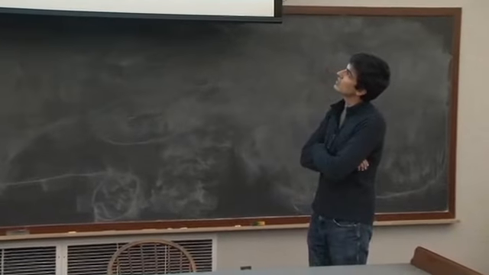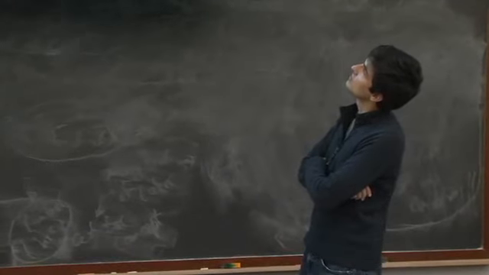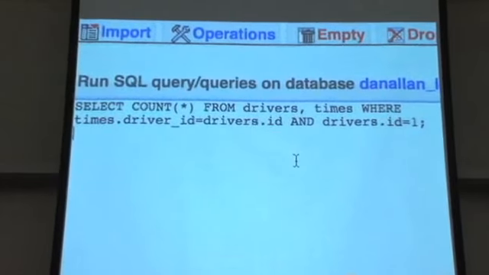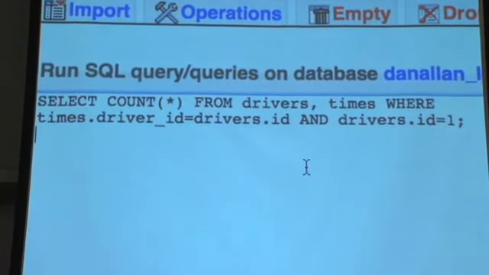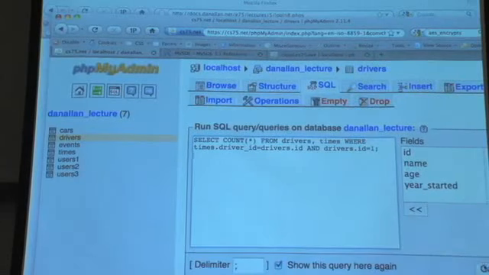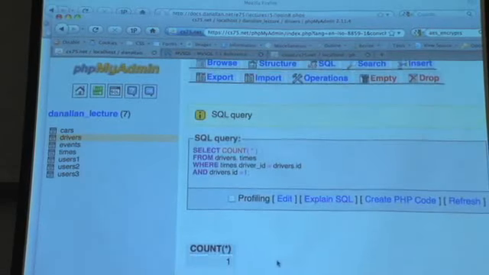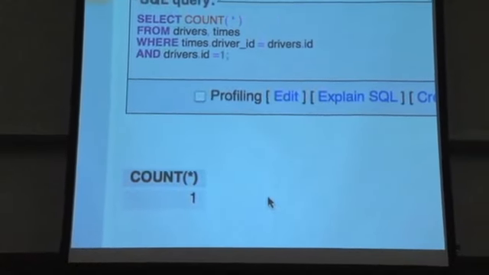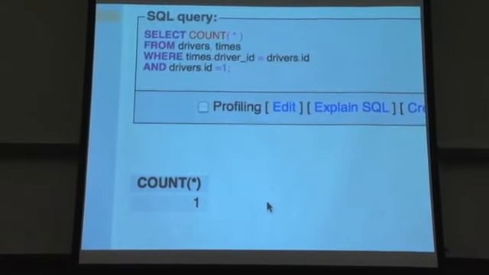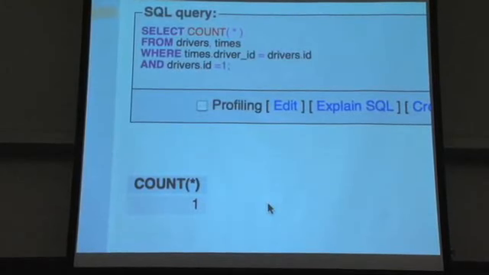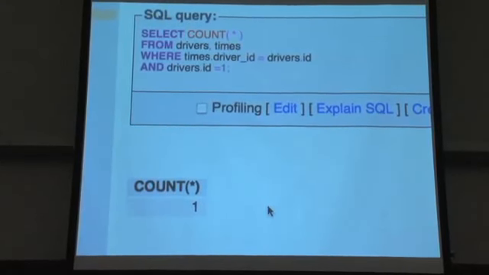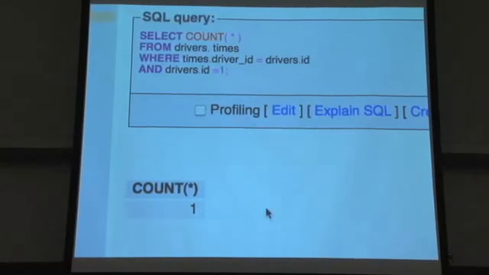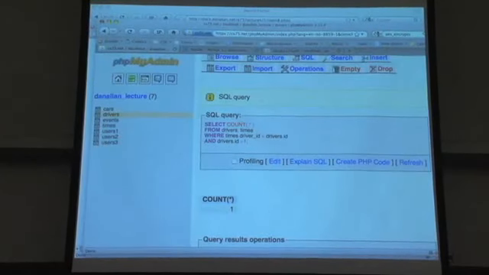So I'm going to select the number of rows from drivers and times where the drivers match from both, and I want to get only the first driver. So I want to find out essentially how many races this first driver has run, and we can see that we've done runs. So if I had some data where I wanted to count the number of races that a person has done, it's something that you don't need to put in the drivers table. It's something that you can instead calculate dynamically whenever you need to.